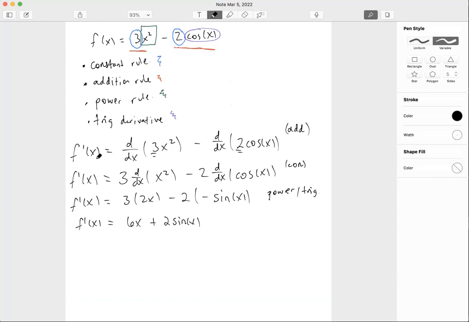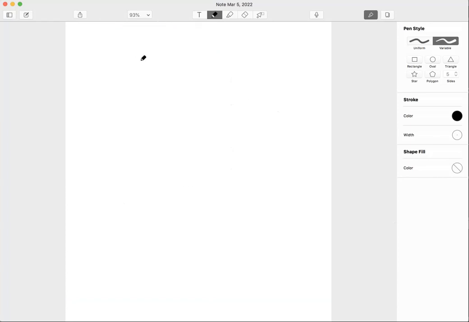All right, could do another one. Let's do f of x is equal to sine x plus 1/2 cotangent x. Okay, so maybe I won't list out all the rules, but we can go through it step by step. So first we would use the addition rule.